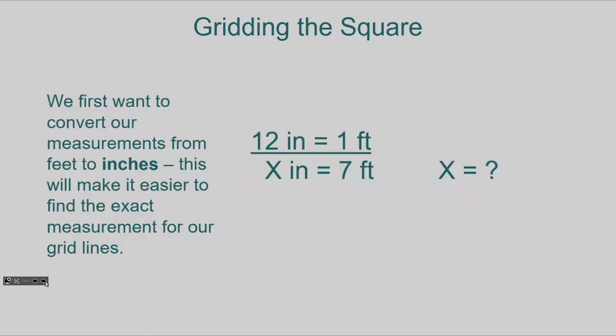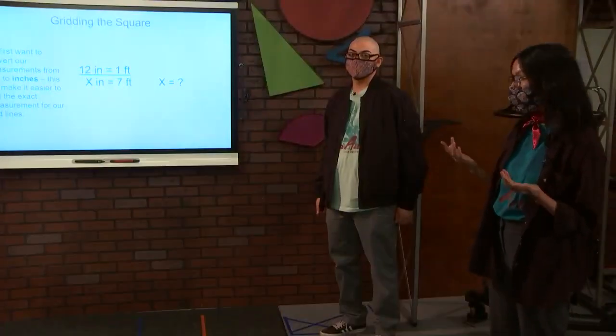But first, with gridding the square, we're working on a 7 by 7 foot square. In order to get precise measurements, we want to convert our feet into inches. So we have a formula here to solve for x. We want to know how many inches there are in 7 feet.